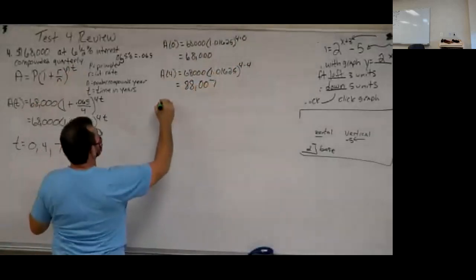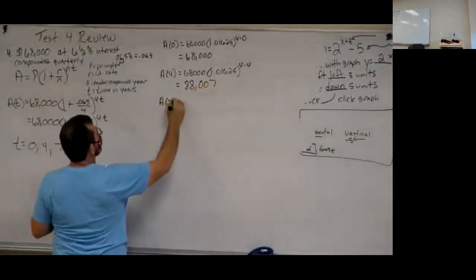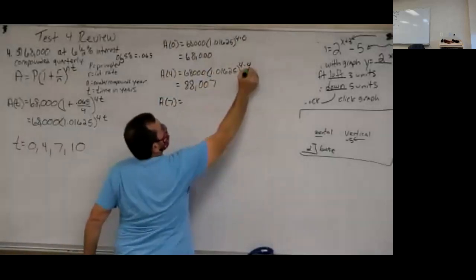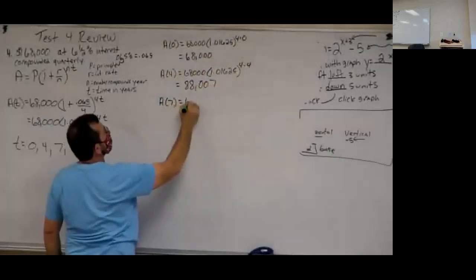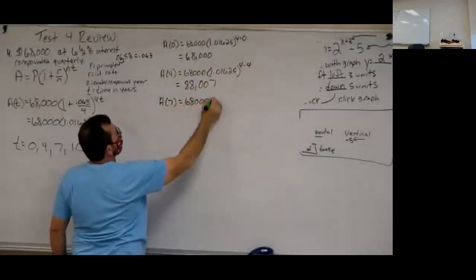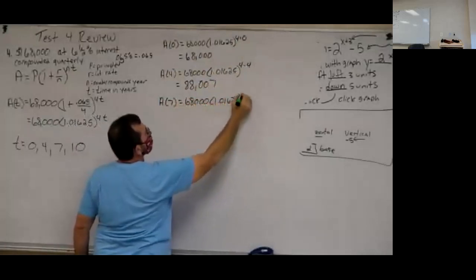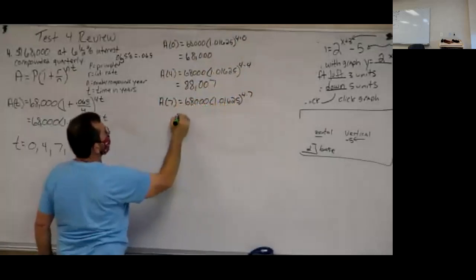All right, what's next? A of 7. Real world, they're probably not that generous with those interest rates, are they? The only thing I'm going to do is change my years to a 7, so that'll be 68,000 times 1.01625, and the exponent will be 4 times 7.